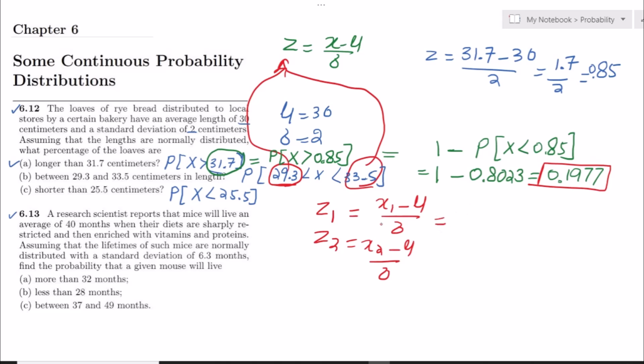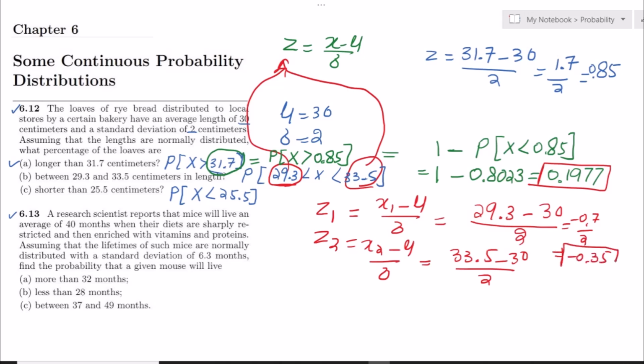Z1 would be 29.3 minus 30 divided by 2, and X2 is 33.5 minus 30 divided by 2. Here we will get minus 0.7 divided by 2, so this is minus 0.35. This is for Z1, and for Z2 we will have 3.5 divided by 2, so it would be 1.75. This is for Z2.